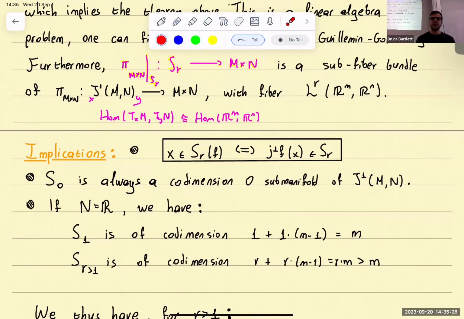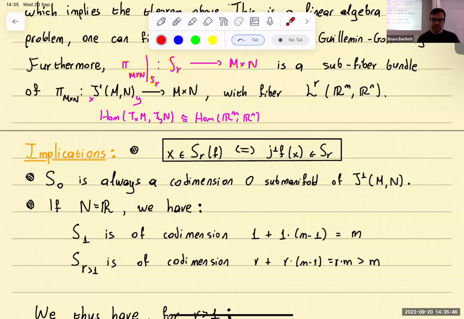So the first implication is just by definition: if an element X in M happens to live in S_R of F, what does that mean? It means that the differential of F at X drops rank by R.